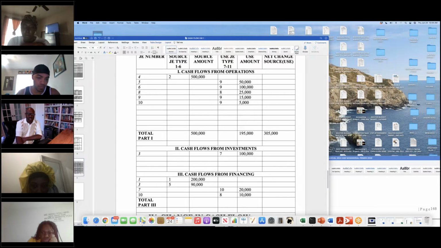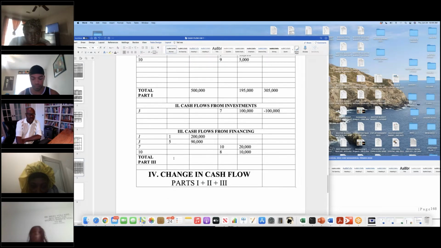And in part 2, we only had one item. So a negative 100. If the uses exceed the sources, it's a minus. If the sources exceed the uses, it's a plus. Then what about our final part? We're at 290, minus 30, close to 260.